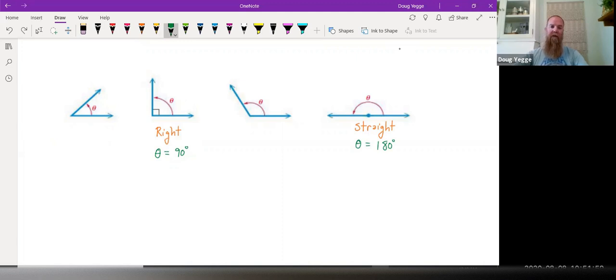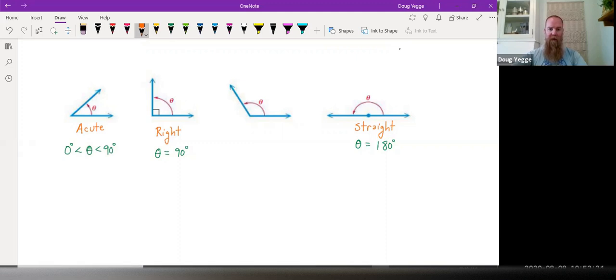Okay. So now we'd like to take a look at these other ones. So this situation here, where the angle is less than 90 degrees, but still greater than 0, is considered an acute angle. This is where theta is somewhere between 0 degrees and 90 degrees. It's a cute little angle, acute.